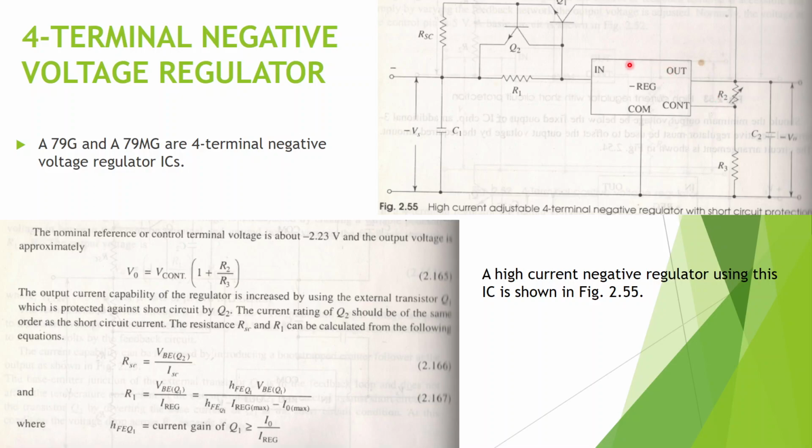In this case you can see that transistor Q1 is connected to boost the current, and in this negative voltage regulator the control terminal here will have minus 2.23 volts, and the output voltage is given by Vout equal to control voltage times 1 plus R2 by R3.